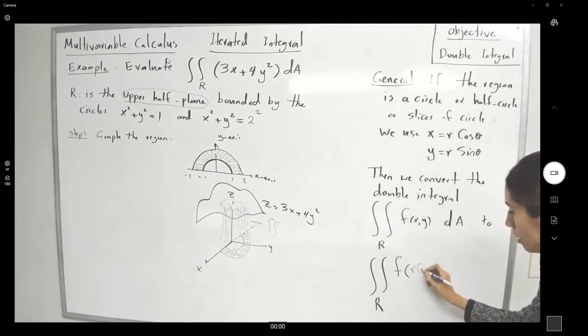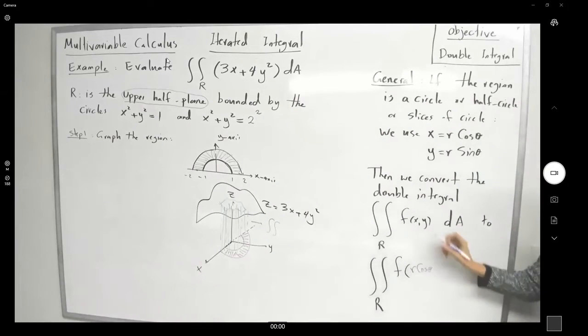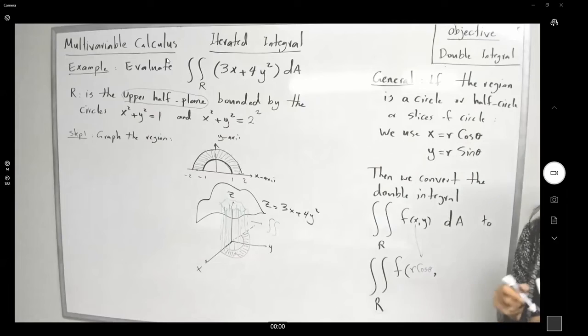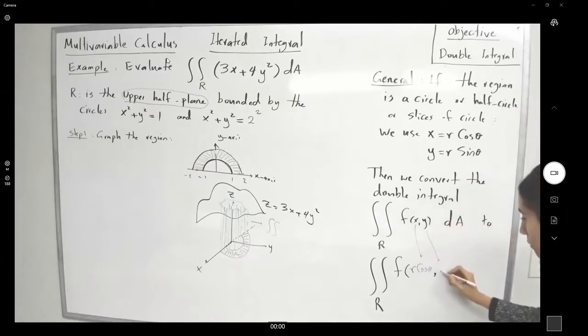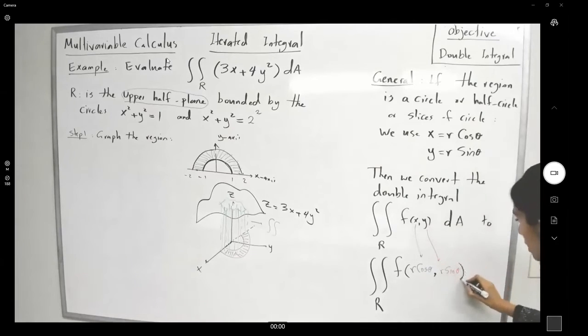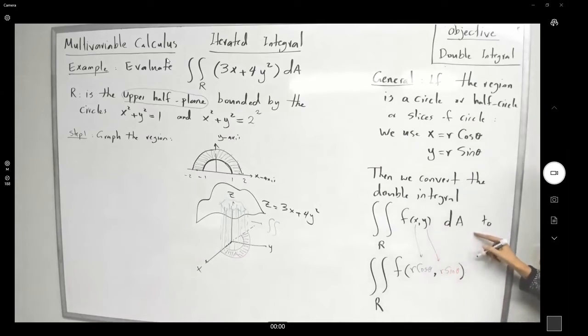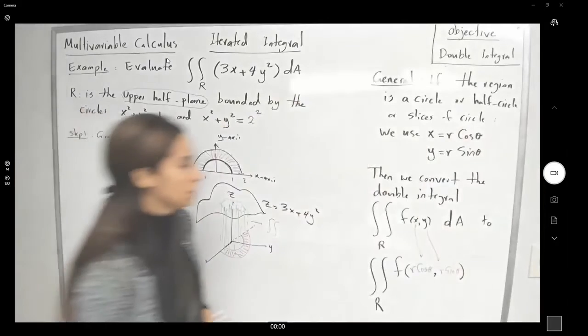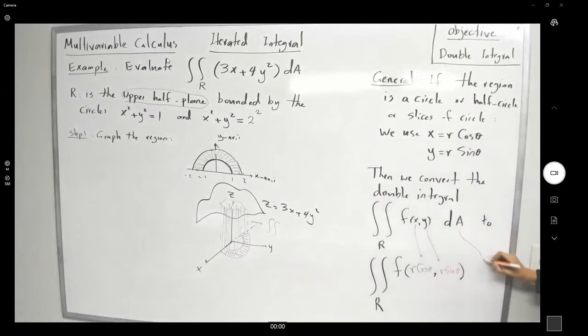Wherever you see x, you have to substitute that by r cosine theta. And your y is r sine theta. Wherever you see y in the function, you have to write r sine theta. And your dA is going to be, well, this is the important part that we have to remember. Your dA is going to convert now into r dr d theta.